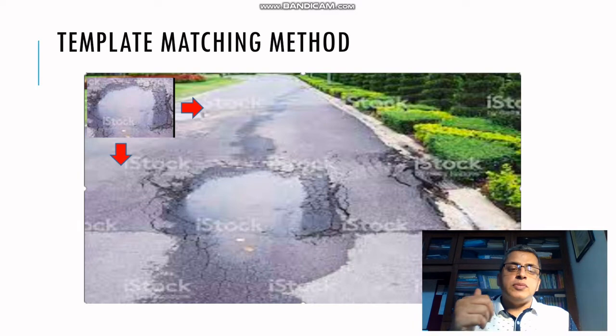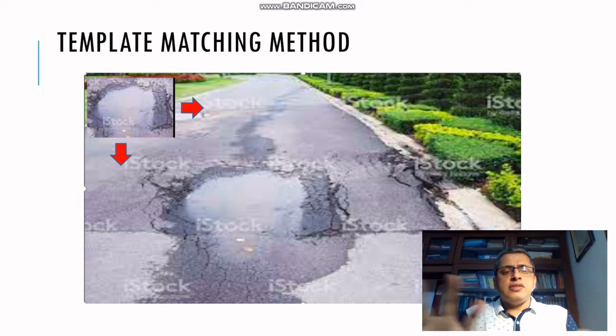For example, to detect a pothole, you create different templates of a pothole, and then slide them across horizontally and vertically. The locations where the pixel intensities of the template and a certain location of the image match most highly are the places where it's highly probable to find the object you're searching for.